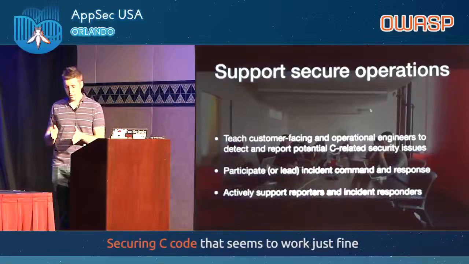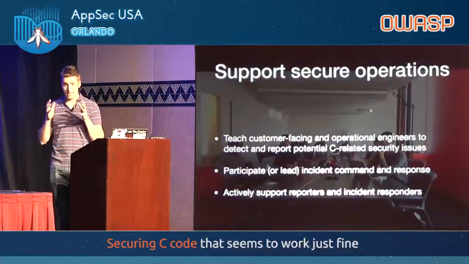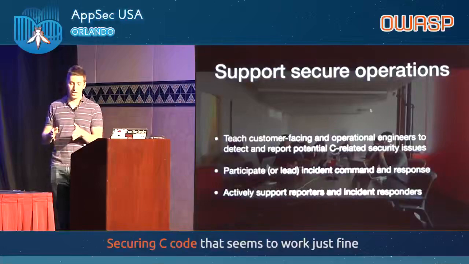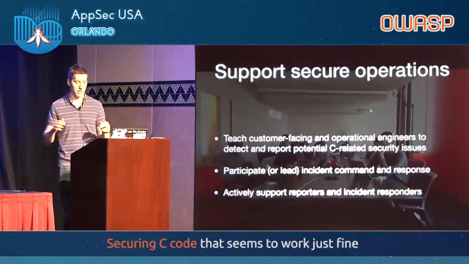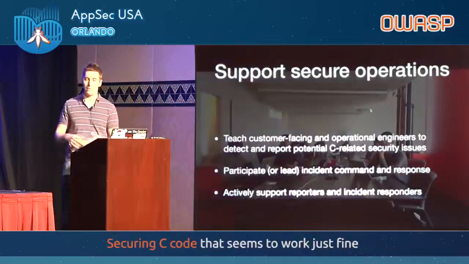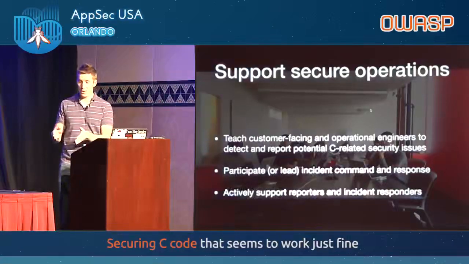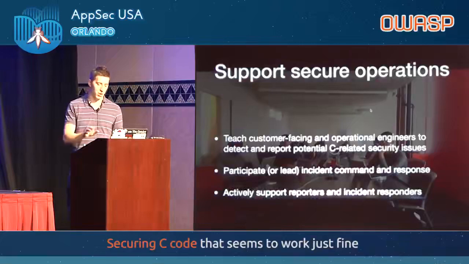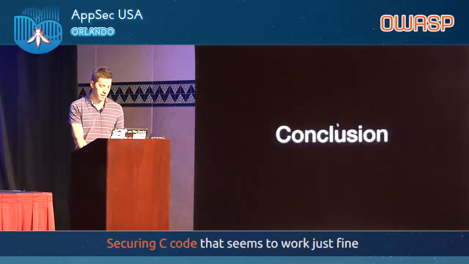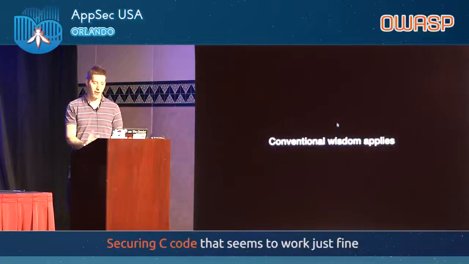Because C vulnerabilities can lead to catastrophic failures, in order to detect them you're probably going to have tuning that produces some false positives. When people report false positives, you need to support them and say, thank you for reporting that memory disclosure vulnerability. It wasn't an issue, but thank you for reporting it. And don't just tell them, tell their management as well, because it's really important in securing the system in flight.